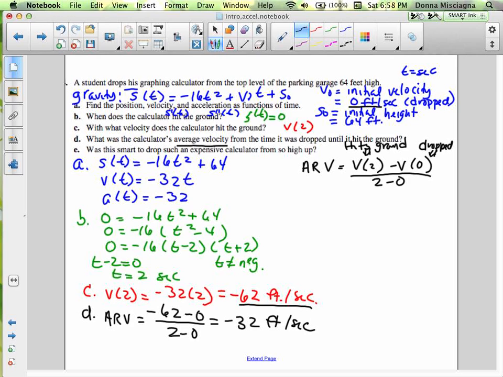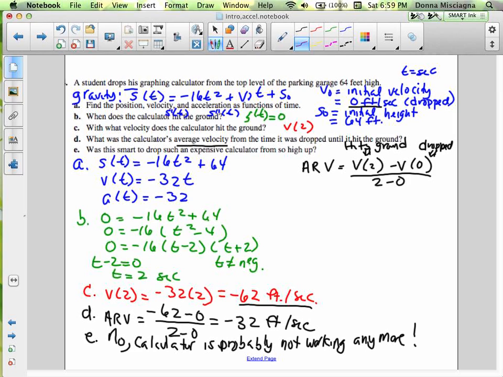It's not moving anymore. All right, so was this smart, to drop such an expensive calculator from so high up? Well, this one here is an opinion question, but I would say no. That calculator is probably not working anymore, and now you've got to buy a new calculator.